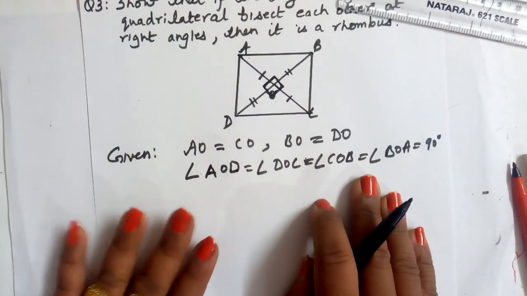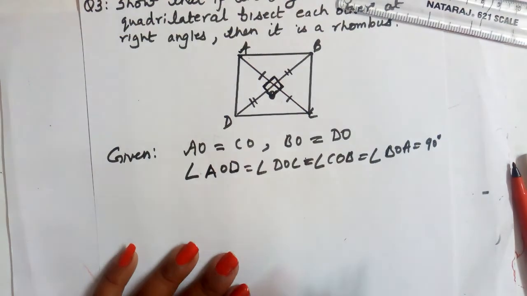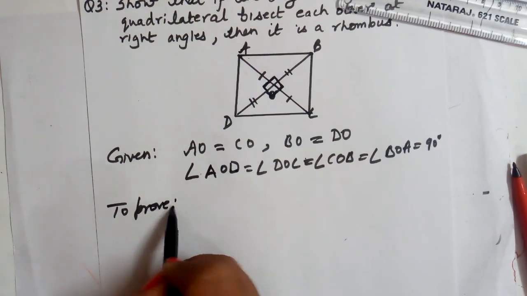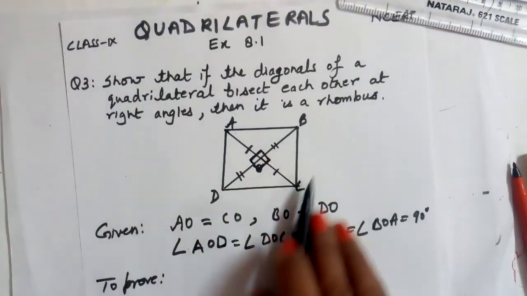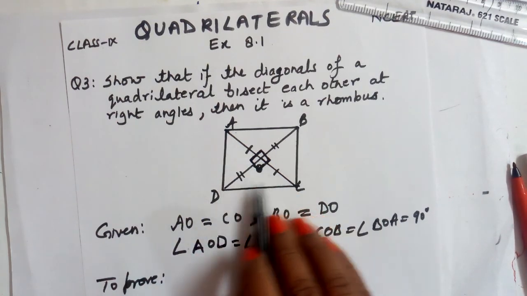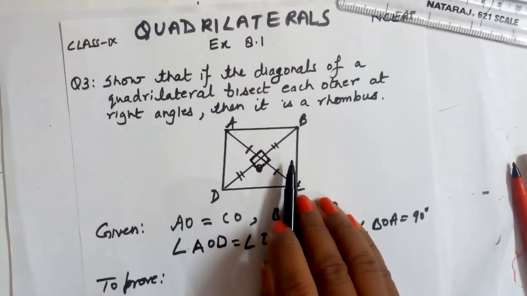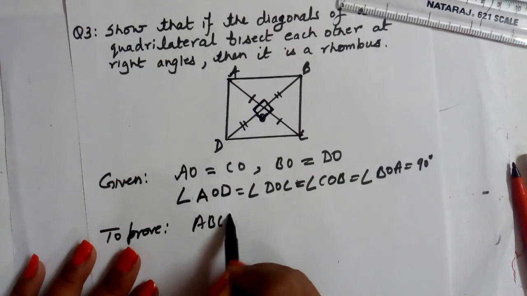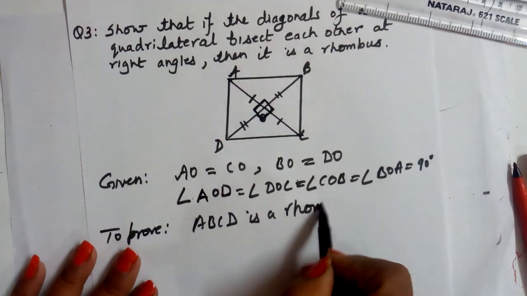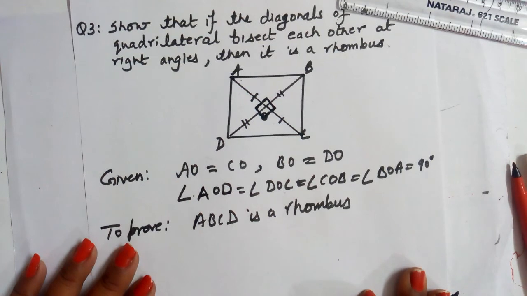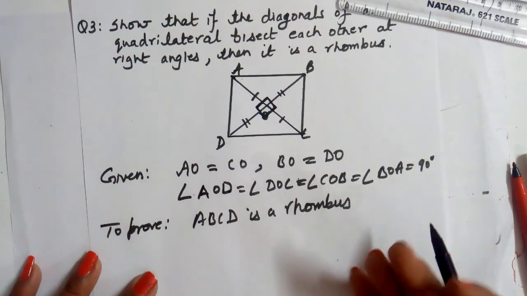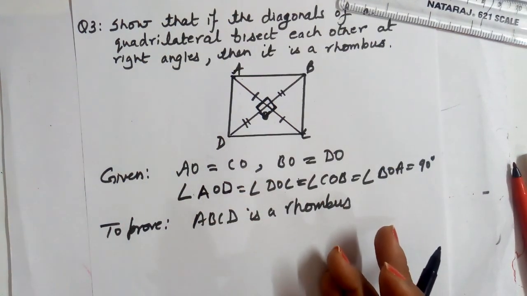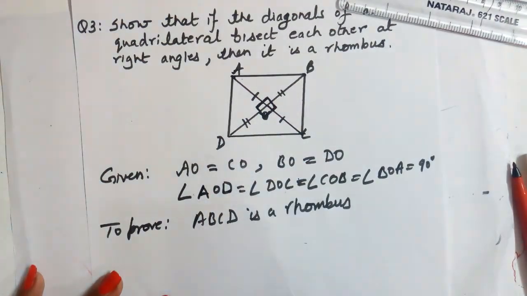When anything is given to us, it is going to help us prove this. Here what we need to prove: if any quadrilateral has diagonals bisecting each other at 90 degrees, then that quadrilateral will definitely be a rhombus. So we need to prove that ABCD is a rhombus. How can we prove that? One property is left only, that in a rhombus all the sides are equal to each other.